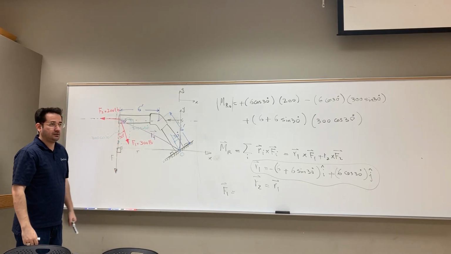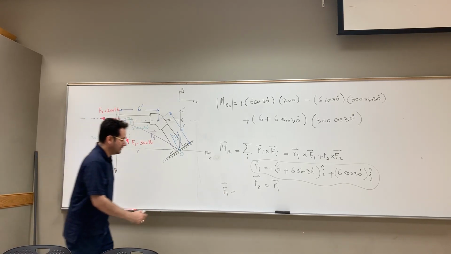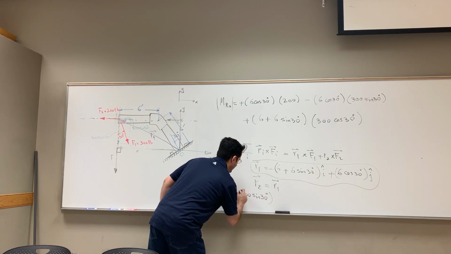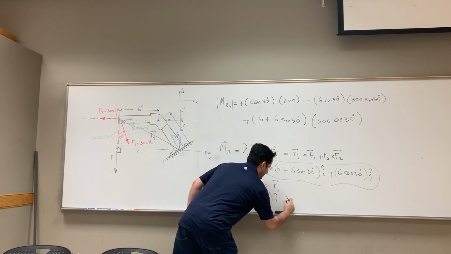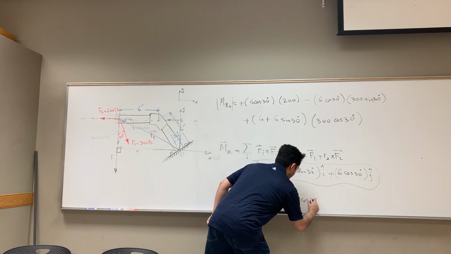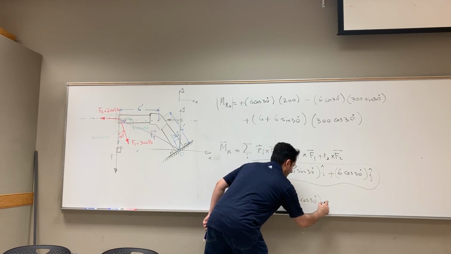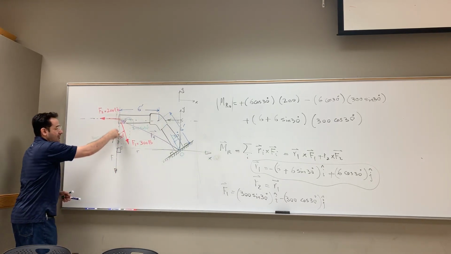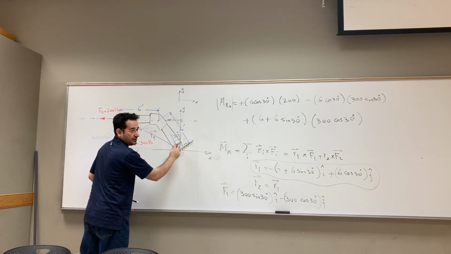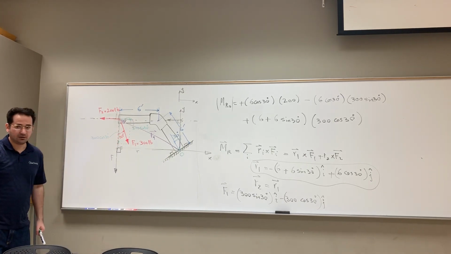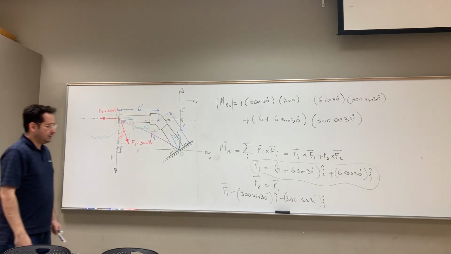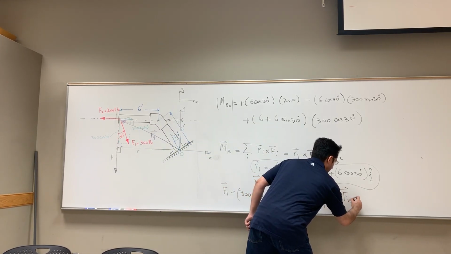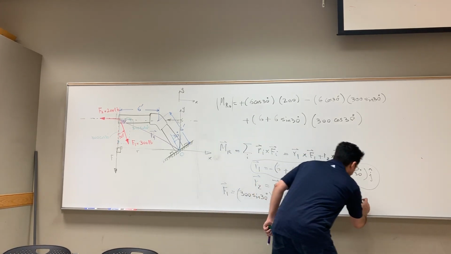What should I write? 300 sine 30 I, then 300 cosine 30 negative J. You see? This is going down. You see, this is I J. It's going down. So this is F1. What about F2? Negative 200 I.